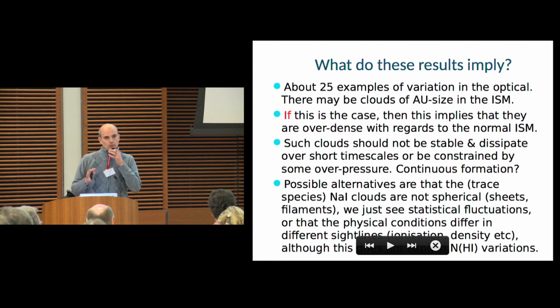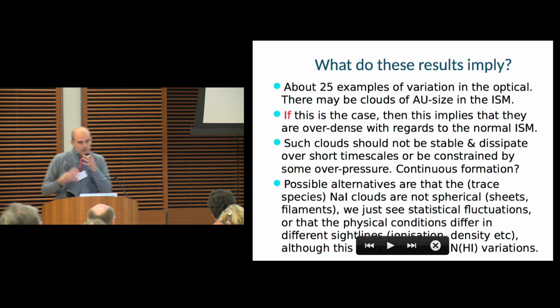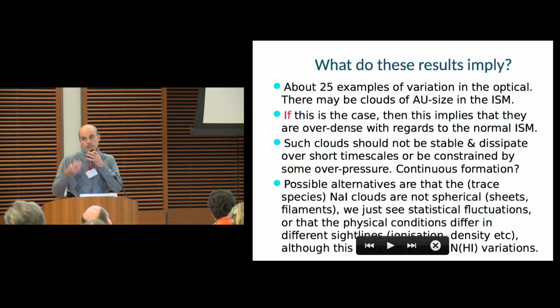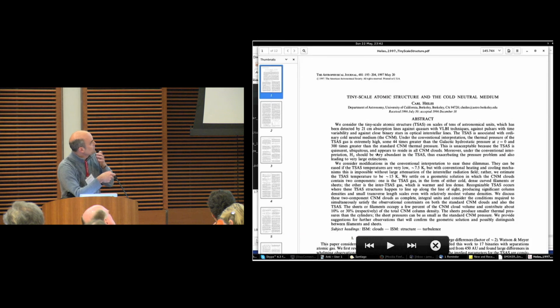The whole problem is that if you see time variability in the optical, then you need some sort of overpressure, unless you have, as we've seen many times today, filaments or sheets, or unless these structures themselves are being continually regenerated. This was one of the seminal papers on this by Heiles, I can't remember, 1987. And I'll go now to describe our actual survey.